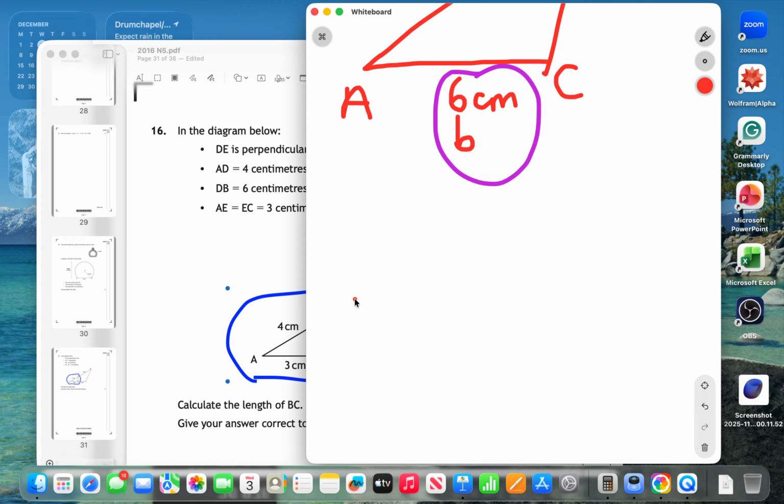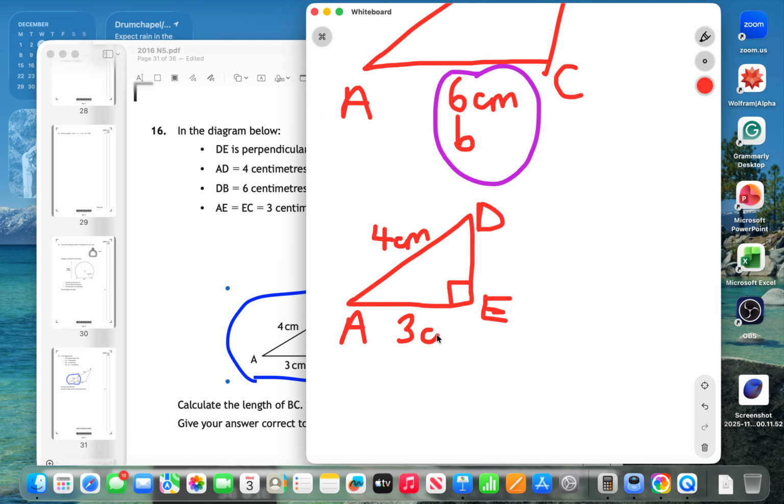Let's sketch out ADE, noting that it's right angled. So we can use right angled trigonometry or SOHCAHTOA. So that is A, D, and E. So that is 4 centimeters and 3.